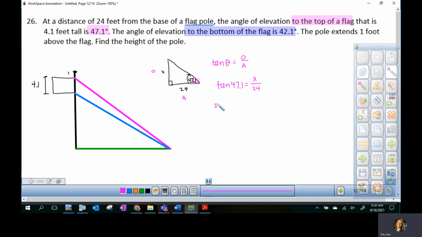So I multiply. So 24 times tangent of 47.1.